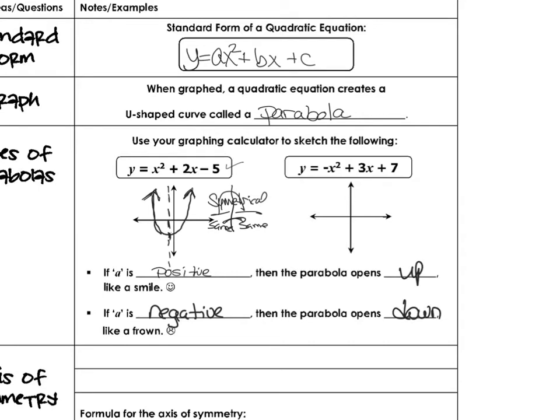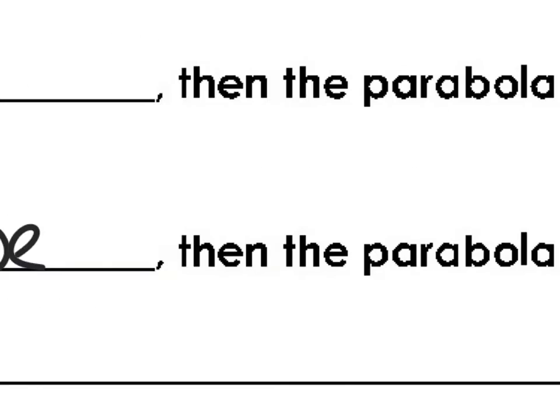All right, so it could look something like this. It's symmetrical and it's facing downward. Whether A is negative or positive will tell you which way it's going, up or down. And that's real important for you to know when you're graphing.